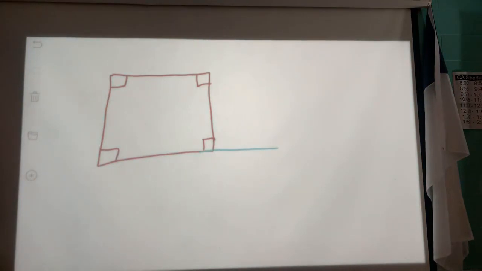Let's do a square. If I take a square, we know that all angles in a square are going to be 90. Let me try a different color here to help you visually see this. If I extend each of the sides out one way, and then find the exterior angle, well, I know that it's 360 divided by 4, which is going to be 90.